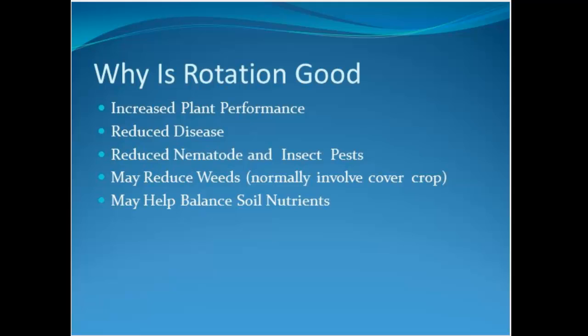In some cases we may also reduce weed pressure, particularly if as part of our crop rotation we're including cover crops. Specifically, mustards tend to reduce weed populations, but there are others like rye which may also suppress weed growth.